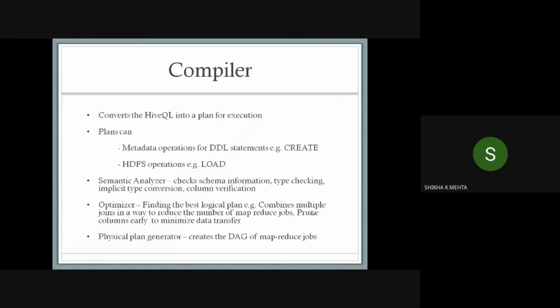Then optimization, finding the best logical plan, like combining multiple joins in a way to reduce the number of MapReduce tasks. Finally the physical plan generator generates the complete directed acyclic graph of the MapReduce jobs. All these tasks are done by the compiler itself.